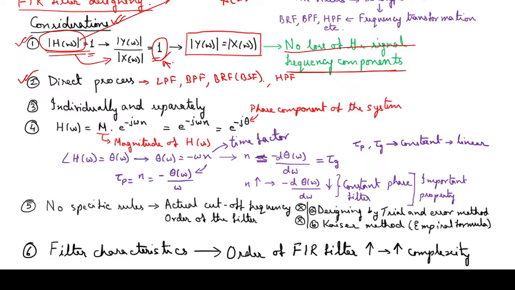On the other hand, in IIR filters, as I told you, we take the information or knowledge from the analog domain and then try to replicate that in the digital domain. The same thing happens here also. In the analog domain, designing of the low pass filter is very easy.